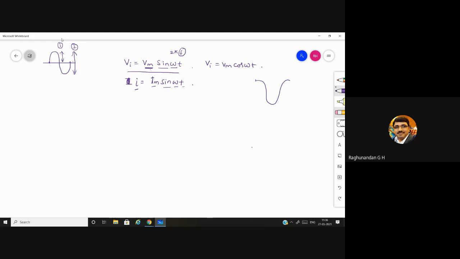So omega is 2 pi f. Even this omega t can be written as I is equal to Im sin theta. Instead of omega t, you can directly represent with respect to theta. The same way here also, Vm sin theta. Both are same.